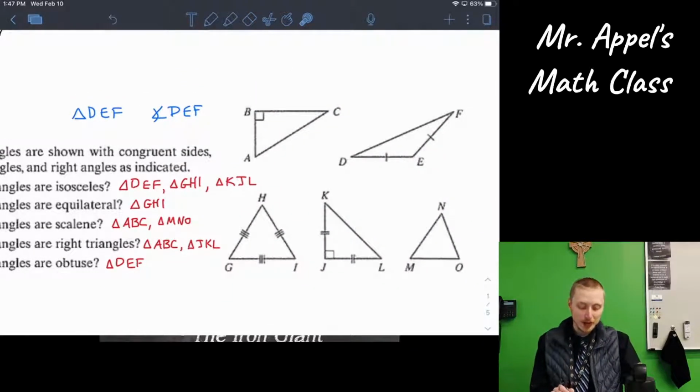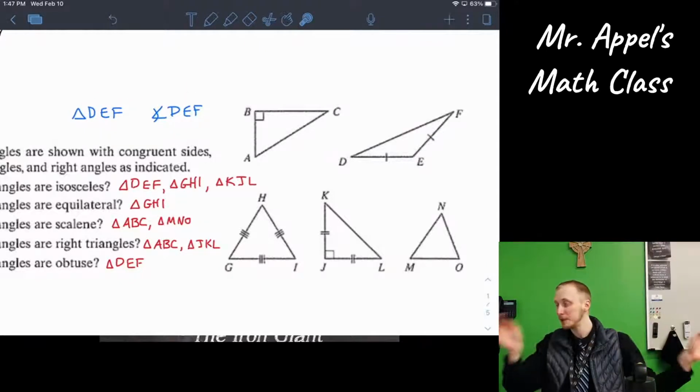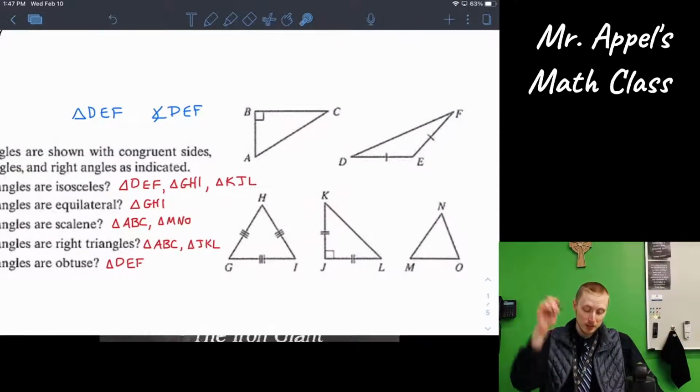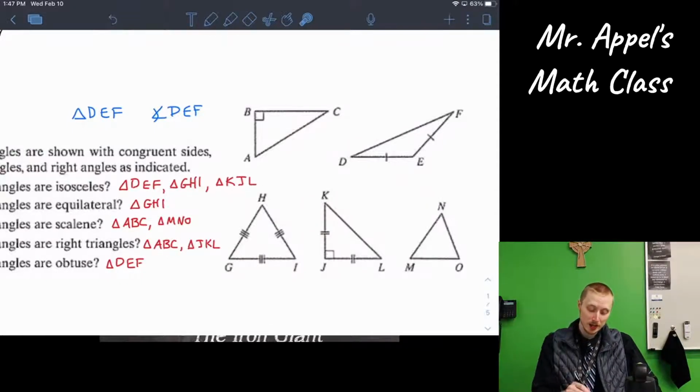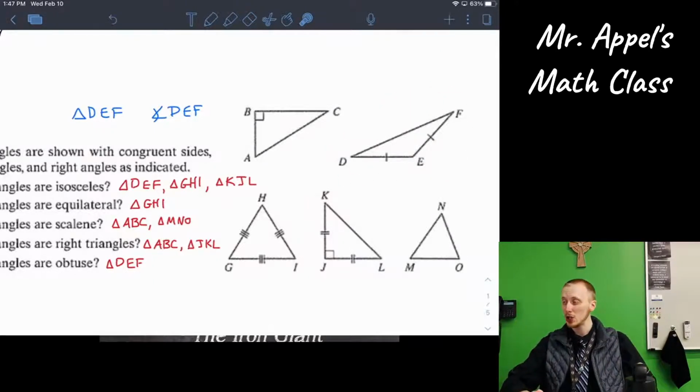With angles, the order does matter. You need to make sure the vertex is in the middle. With triangles, all of them are vertices, so the order does not matter. You can have triangle DEF, EFD, FED, FDE. This way, that way, I don't care. It makes no difference in a triangle.